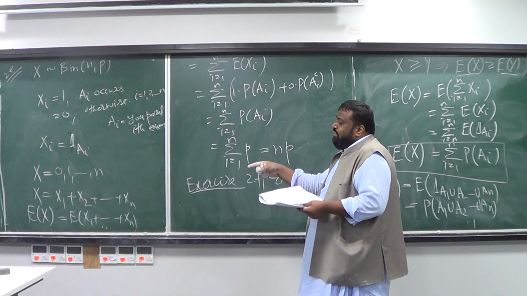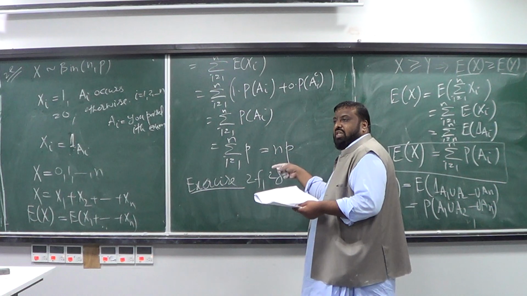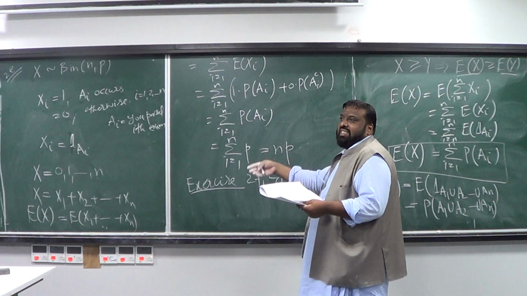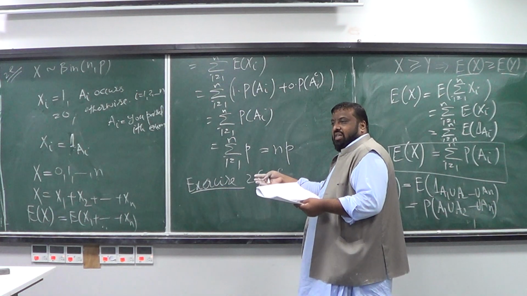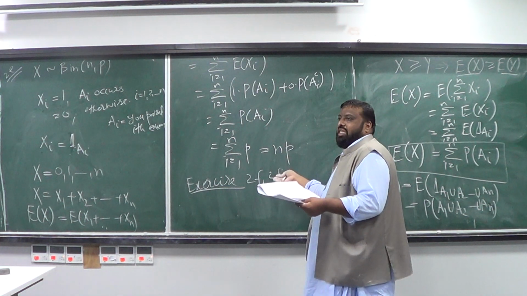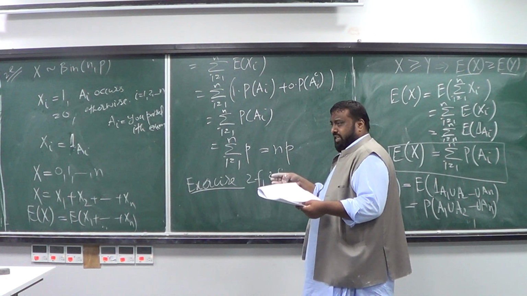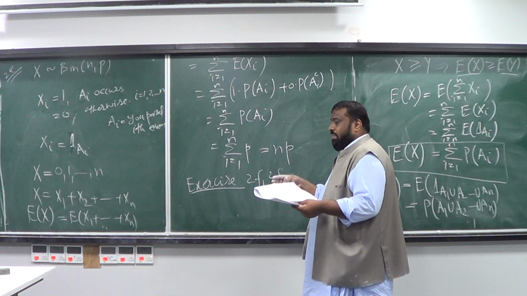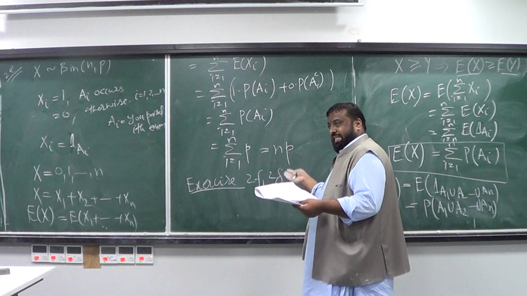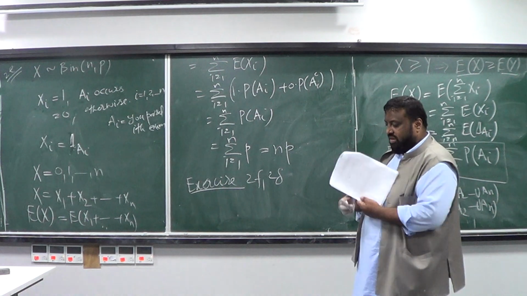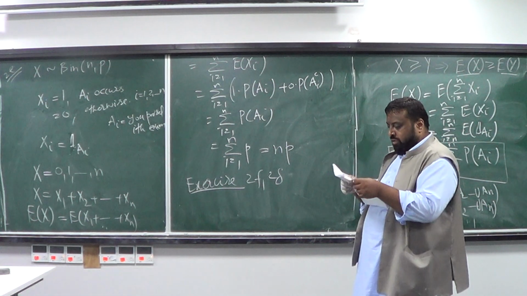If you assume that x1, x2 up to xn are hypergeometric, then we know their expectations. The question is what would be the sum of those expectations. You have to work that out for yourselves.